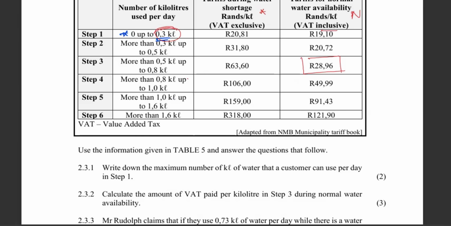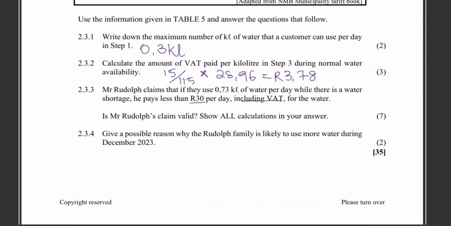We are looking at a scenario whereby he claims to use 0.73 kiloliters under shortage. But when you look at under shortage, the table is VAT exclusive. Yet his claim is that he pays 30 per day, including VAT.